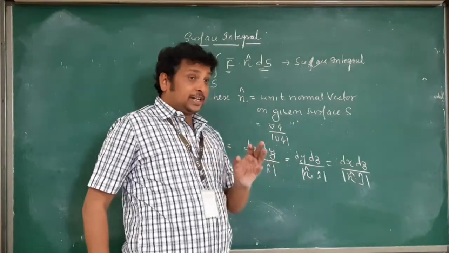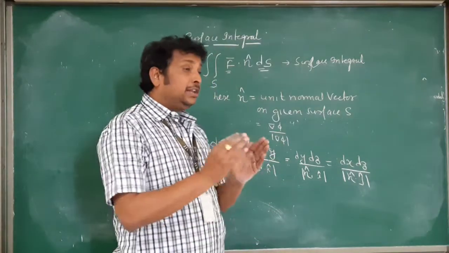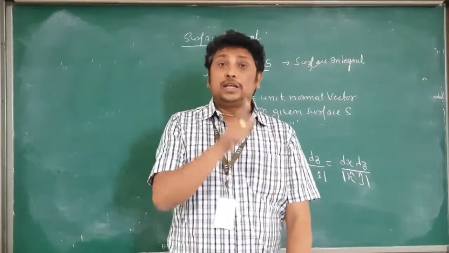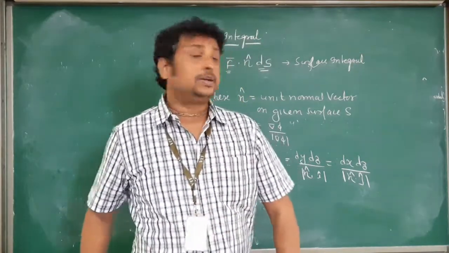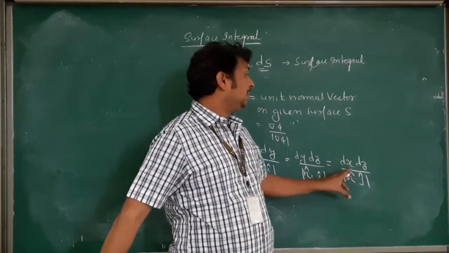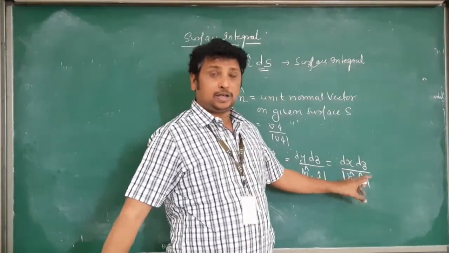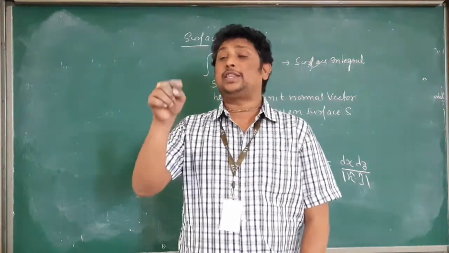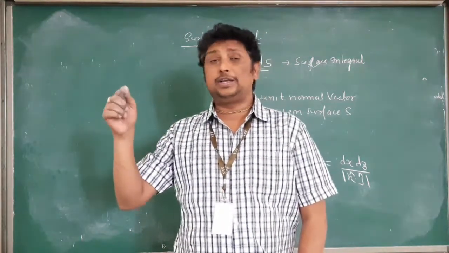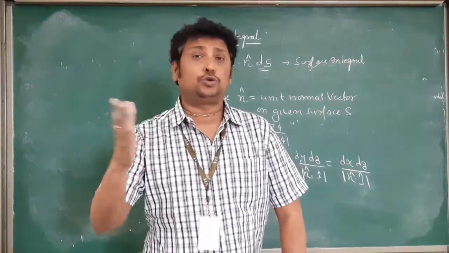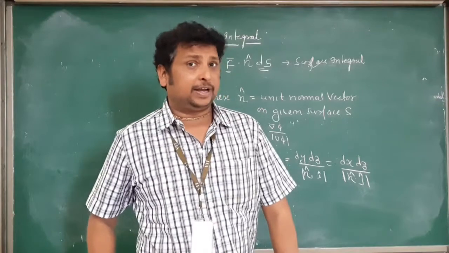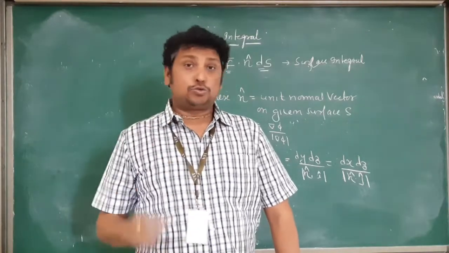Always keep in mind, suppose in some case a z limit is given, z from 0 to 3, it means z will definitely be there. So either you take dy dz or dx dz. Suppose a cylinder is given, x square plus y square is equal to 1 and z from 0 to 3. It means a z limit is given there, 0 to 3, so z must be there.